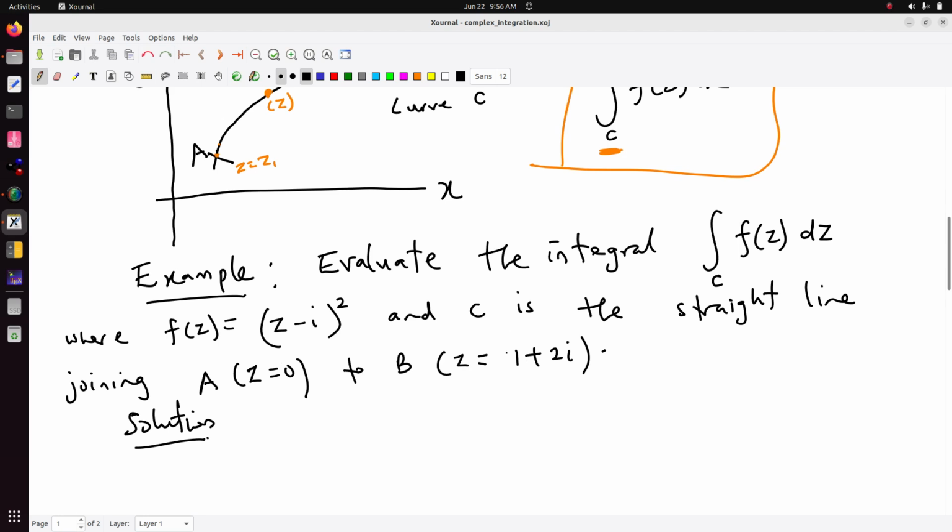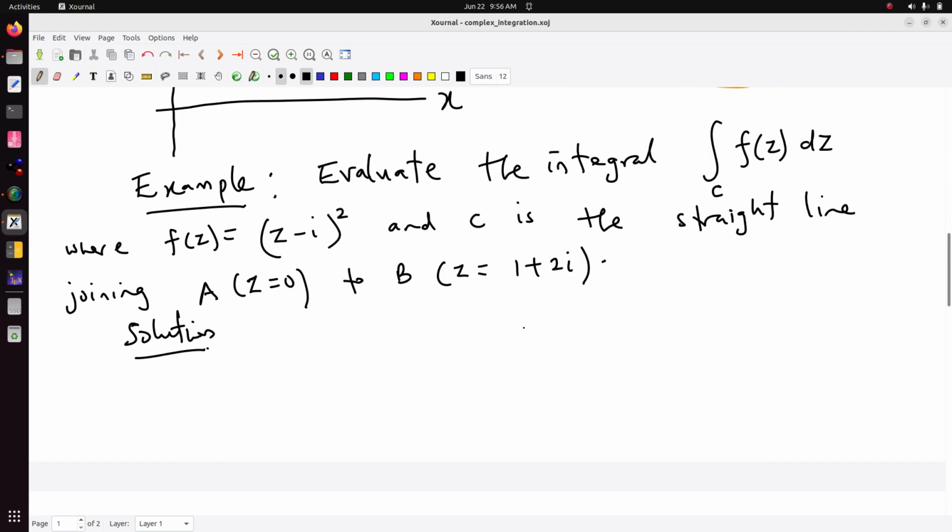Now, if we try to sketch this over the complex plane, this is the imaginary part, y, and this is the real part, x. Point A is at z equals 0.